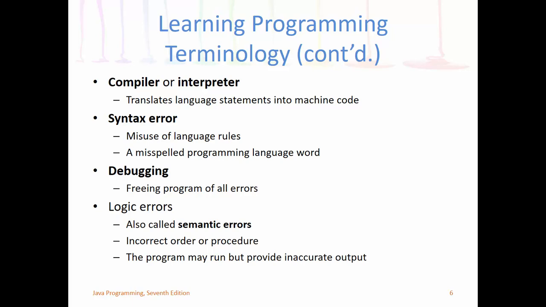Now, just because it compiles doesn't mean it works, because you can write something that is syntactically correct, but doesn't do what you want it to do. So that's one thing that you guys are going to learn, that things can be written correctly but still be wrong.